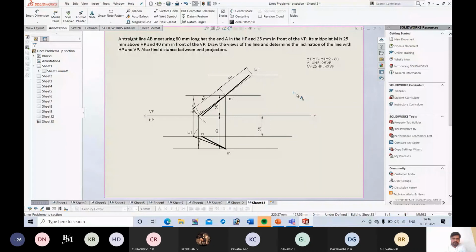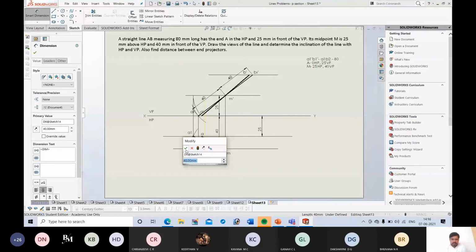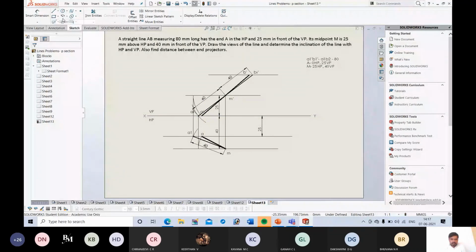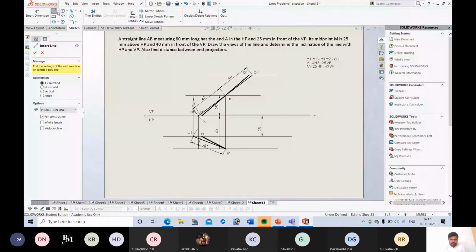Next, the same procedure you should follow for this. I will increase the thickness of this. The same procedure: I will extend the true length, B40.